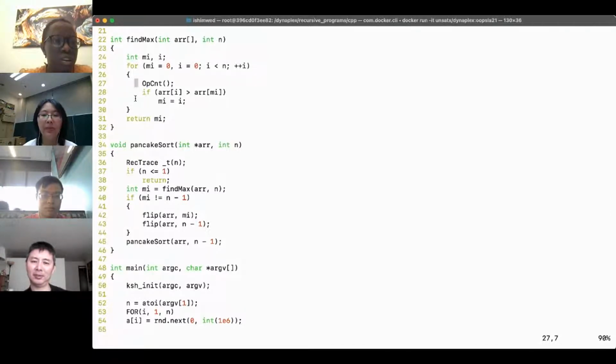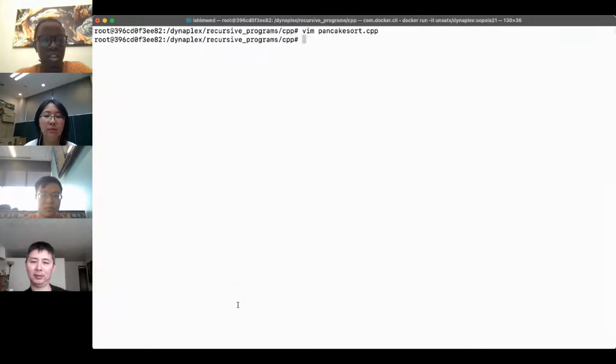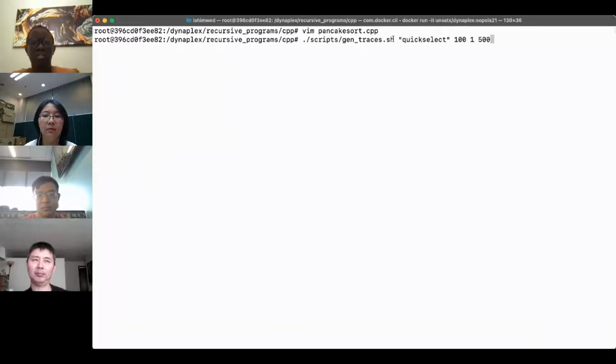So this one, operation counter, line 27. We run the program a few times to collect the traces. We have this script to generate traces for C++ programs, where you just run the program, it's already compiled, on 100 runs on inputs of size from 1 to 500, randomly generated.